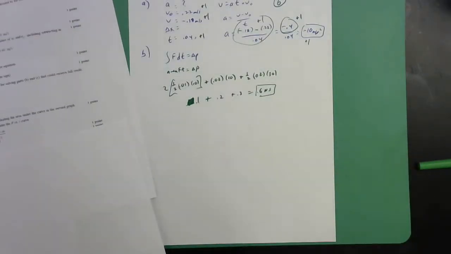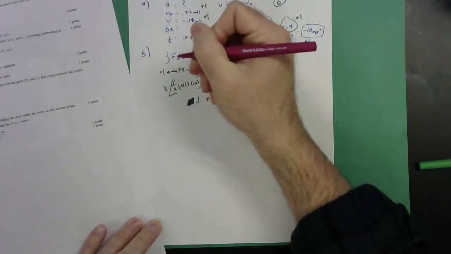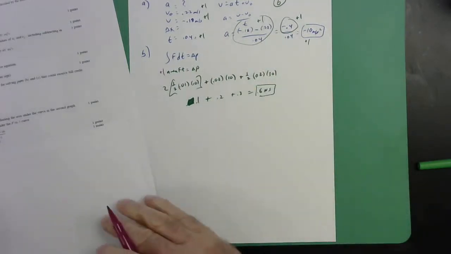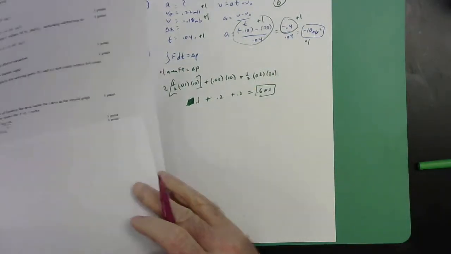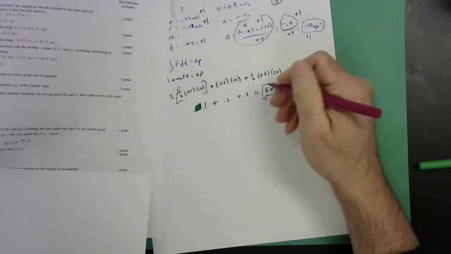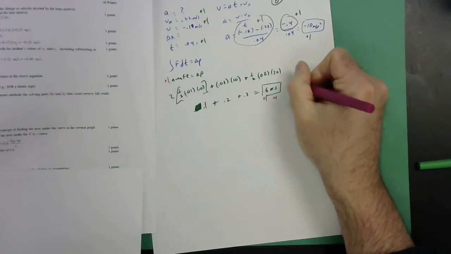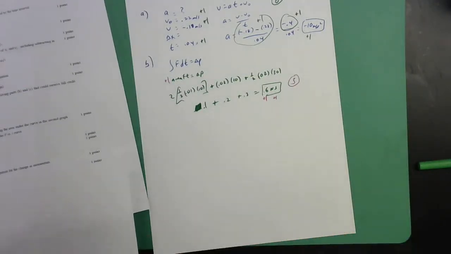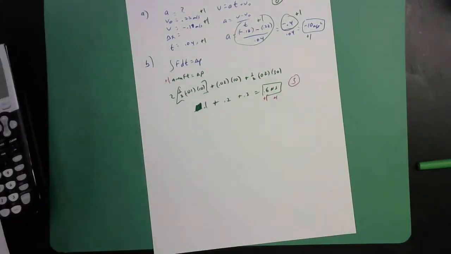Okay, next, for correct numerical value, 0.6. Hey, I did. And for correct units, I did. Look at that, 3 points for that part. Okay, I feel good. Let's go to part C.